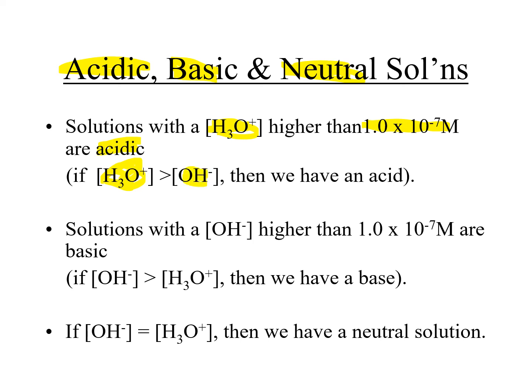Solutions where your hydroxide ion concentration is greater than 1 times 10 to the negative 7th are basic solutions, meaning I have more hydroxide ions than I have hydronium ions. We end up with a basic solution. When my concentrations of hydroxide are equal to hydronium, then we have a neutral solution.